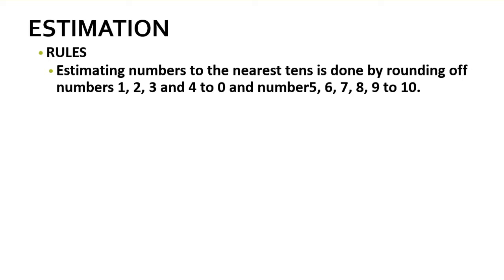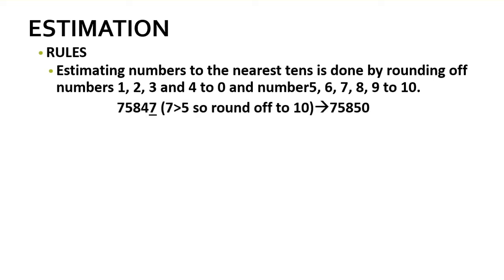That is, we can divide the numbers into two parts: the numbers that are less than 5 and the numbers that are equal to or above 5. If the number is less than 5, then we round it off to 0. In the other case, we round it off to the 10.